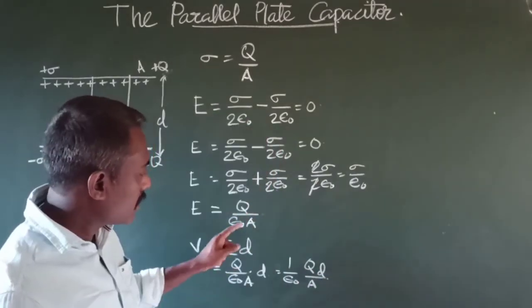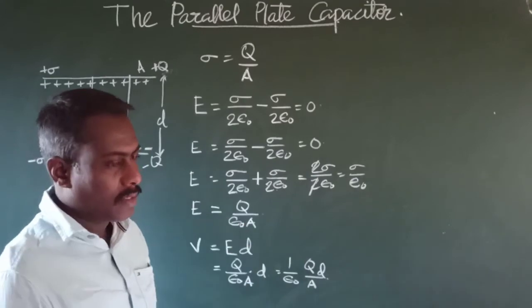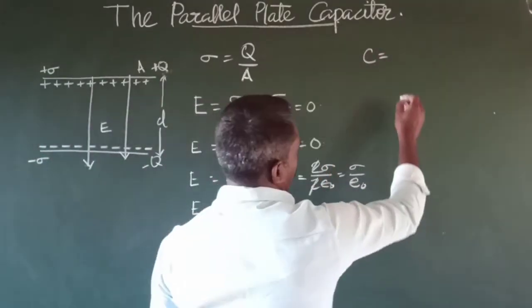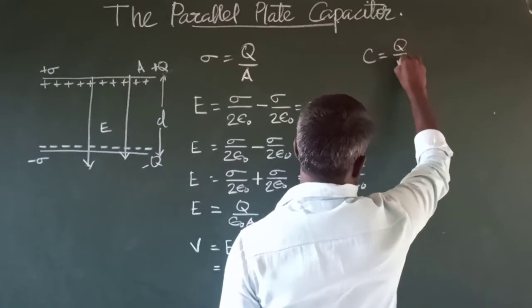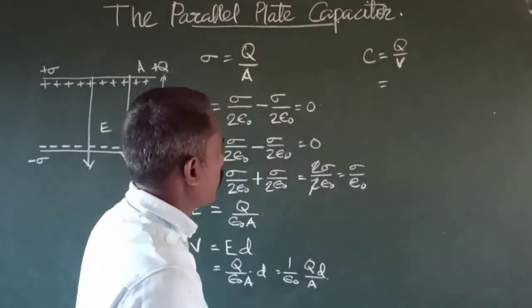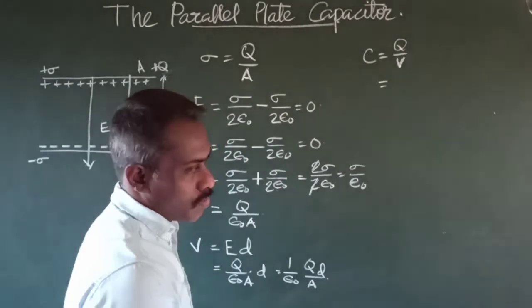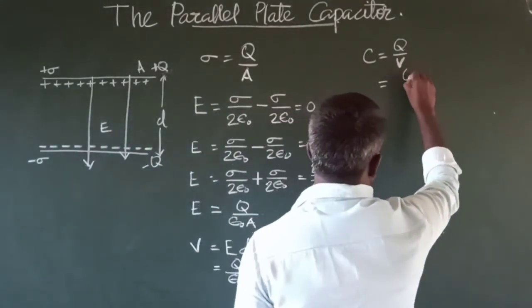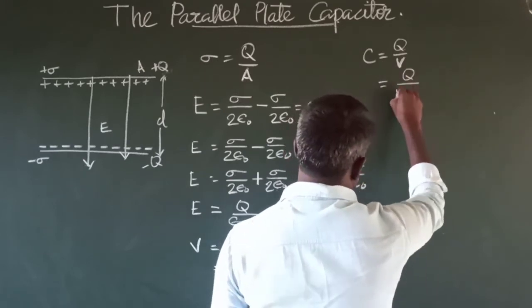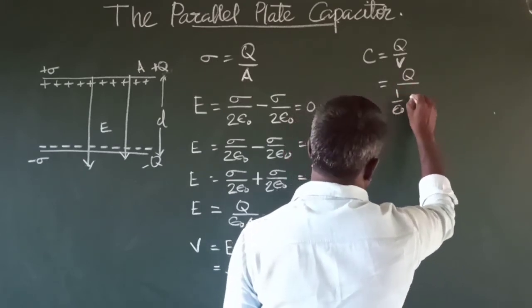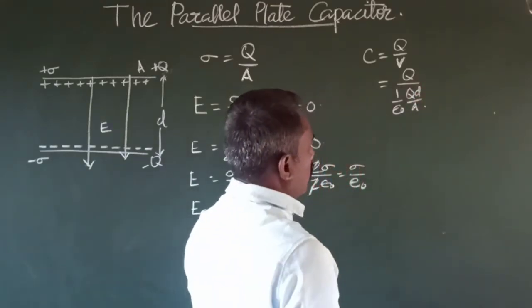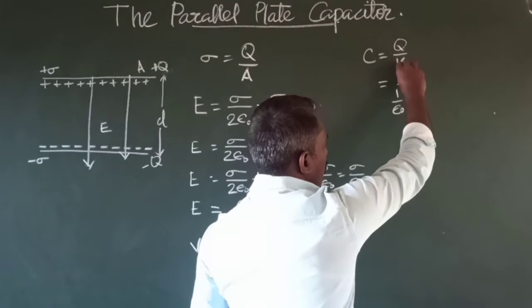Therefore, the capacitance of these two plates, and we already know that the capacitance C is equal to Q divided by V. If we substitute the value of V in this equation, we get Q divided by V is equal to 1 by epsilon 0 into Q into d divided by A. Q and Q will be cancelled.